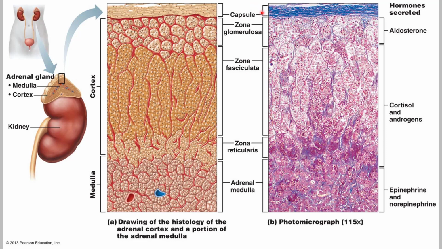But if we look at the adrenal gland under a microscope, we can see some layers, and the layers do look pretty distinct under a microscope. The outermost area is called the capsule, and it's really protective. It does not have an endocrine function. It's a protective connective tissue layer around the outside of the adrenal gland.